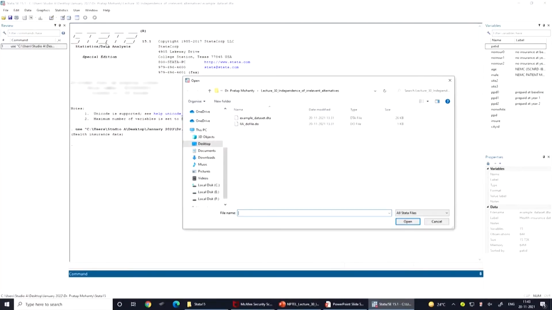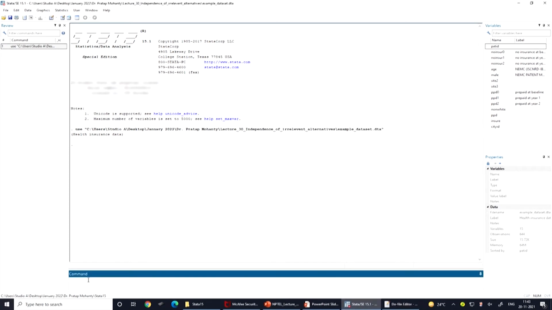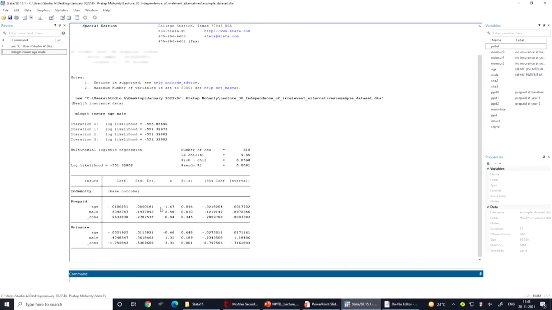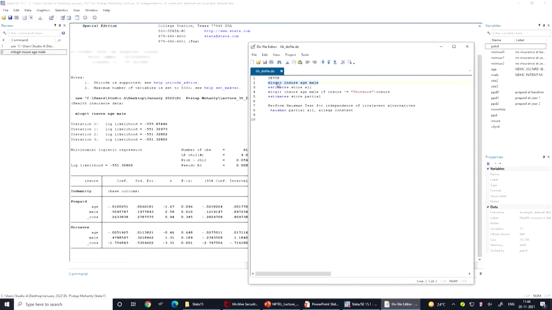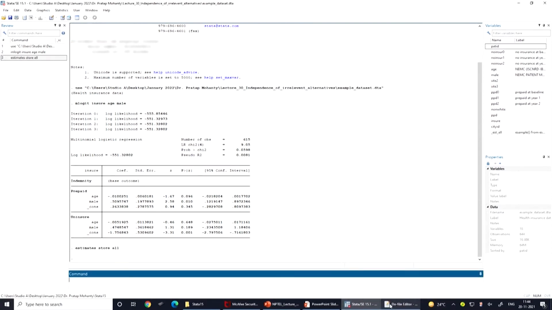Now we are going through our do file, and we will also suggest the commands. First, we run the multinomial logit using two variables, with insure as our dependent variable. This is our first model. Once mlogit is run, we go for its estimates and store all of them. This is the second command.